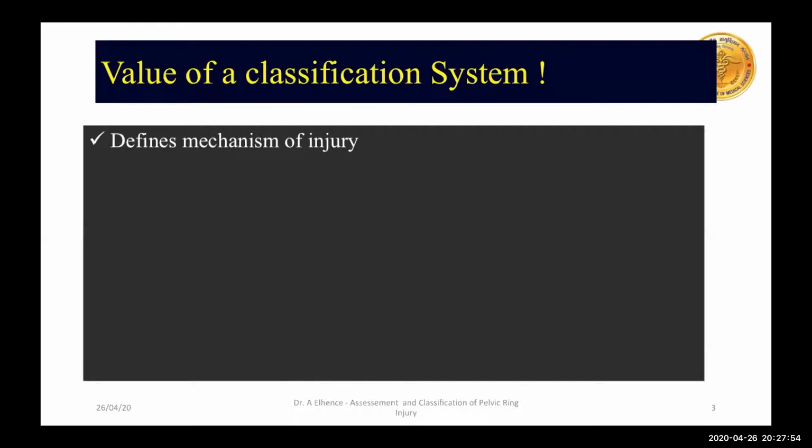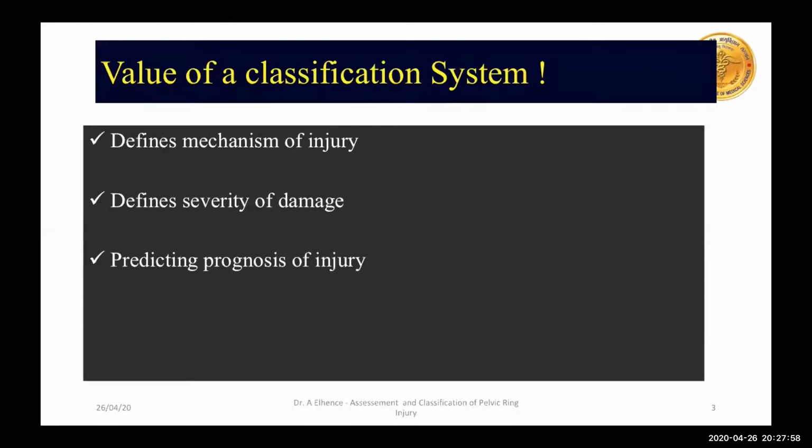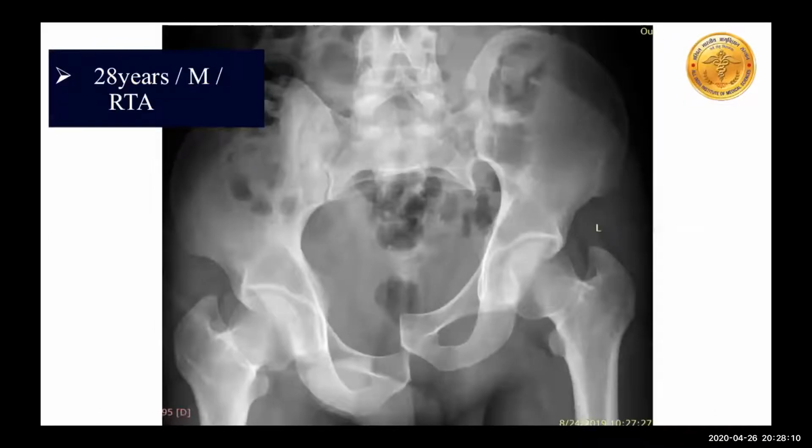It helps us predict the prognosis of the injury, and not all classification systems do that, but the Young and Burgess one does. And it assists the surgeon in selecting the appropriate treatment for a given situation.